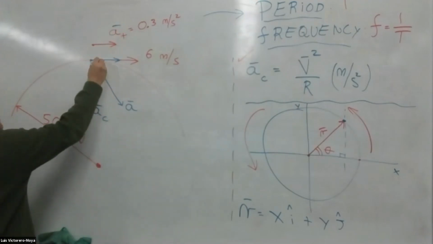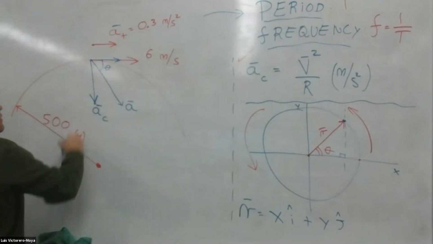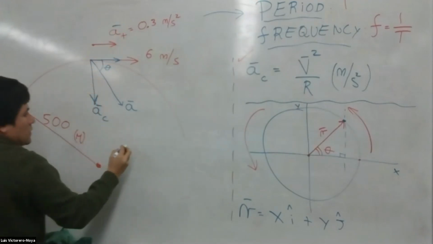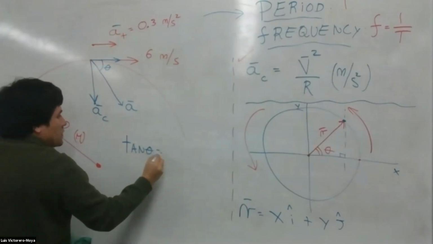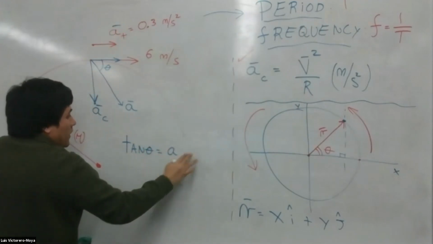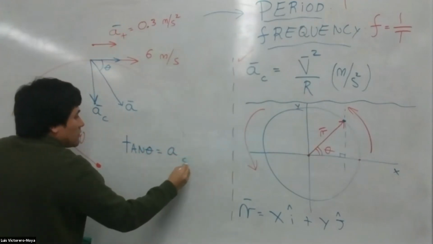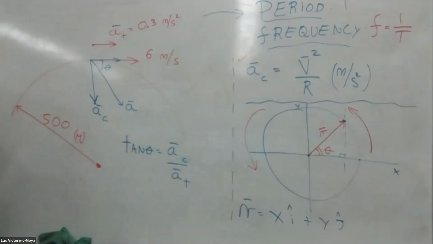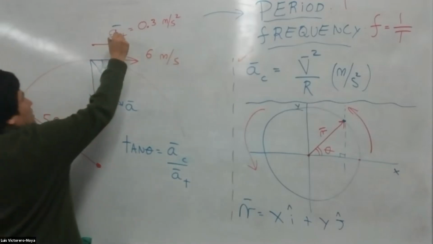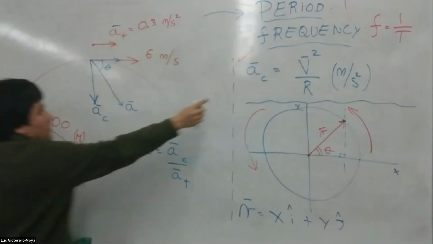And then they want to find this angle theta, which is that the tangent of theta is A radial, or A centripetal, over A tangential. I have A tangential. How do I find A centripetal?